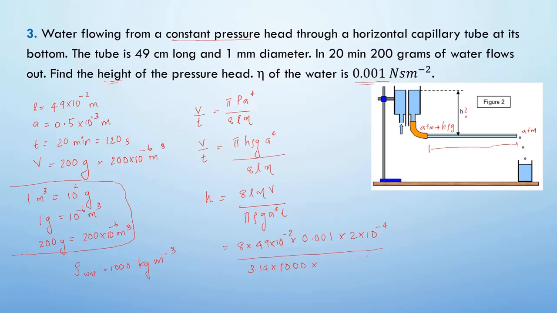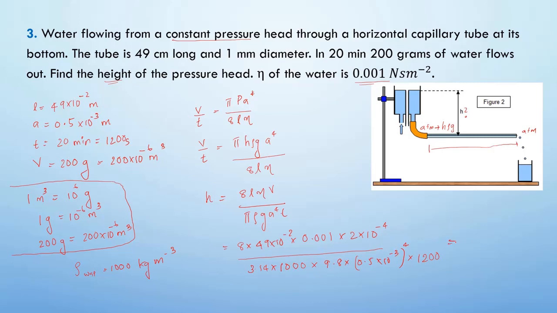Into G, which is 9.8, and a is 0.5 into 10 to the power negative 3 whole to the power 4, into time taken, which is 20 minutes, so it is 1200 seconds.